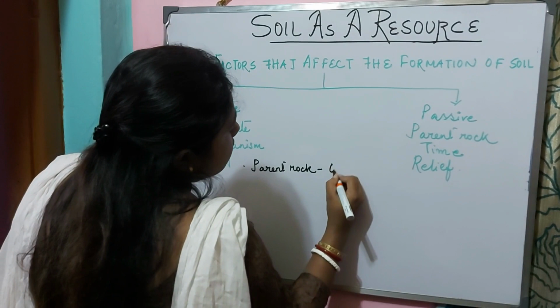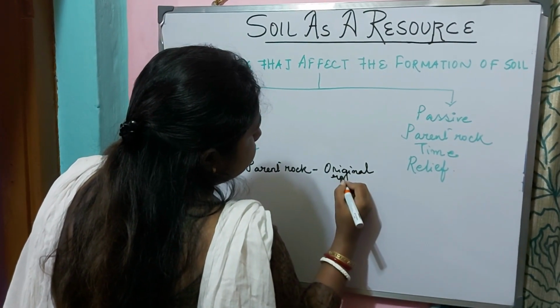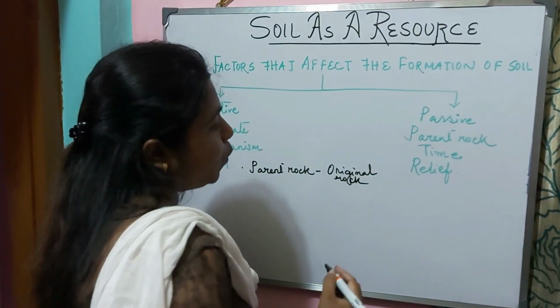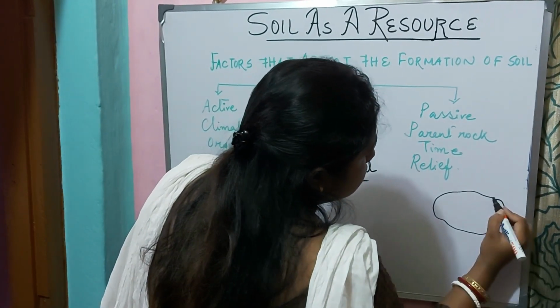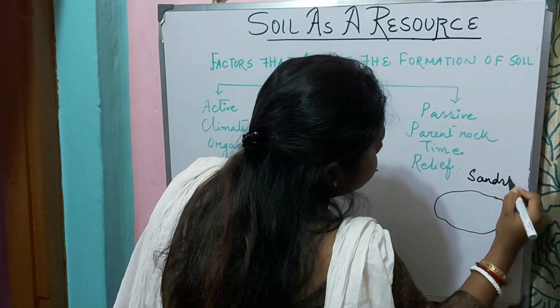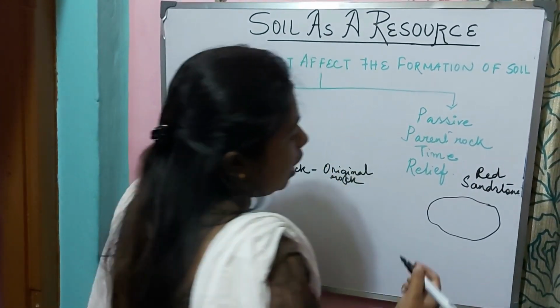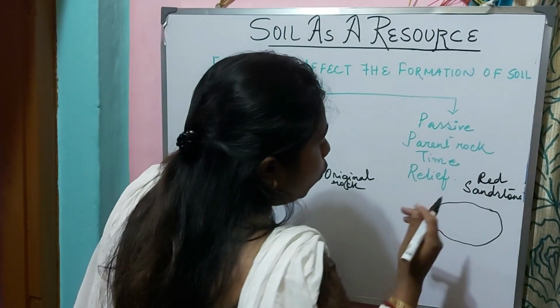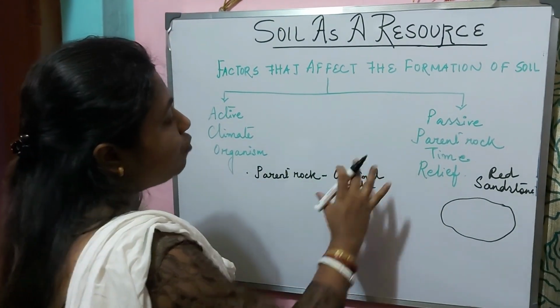Parent rock means the original rock. Suppose my parent rock is a sandstone, red sandstone. Now what will happen when the soil is formed by the breaking of this parent rock?